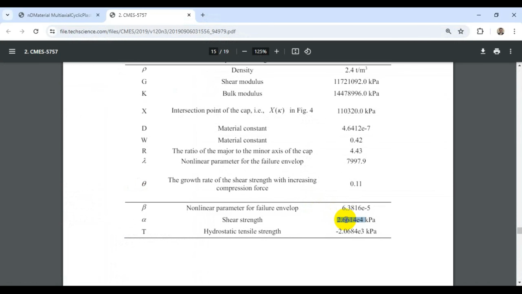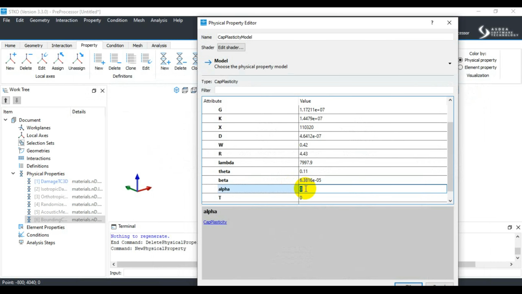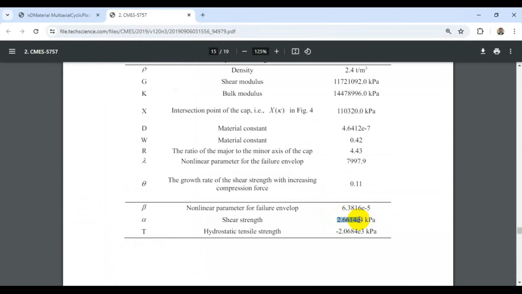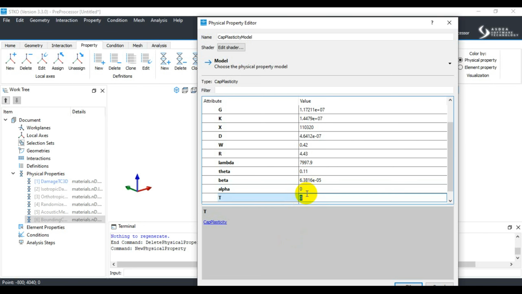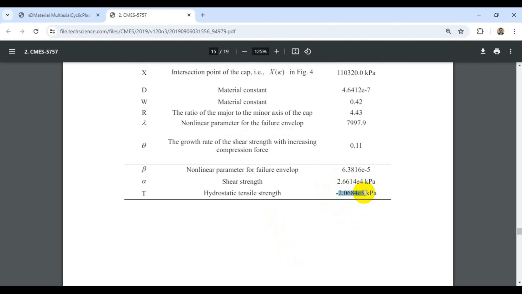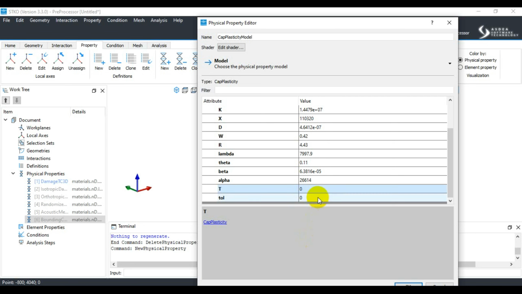You can calibrate these materials by yourself by studying these parameters.